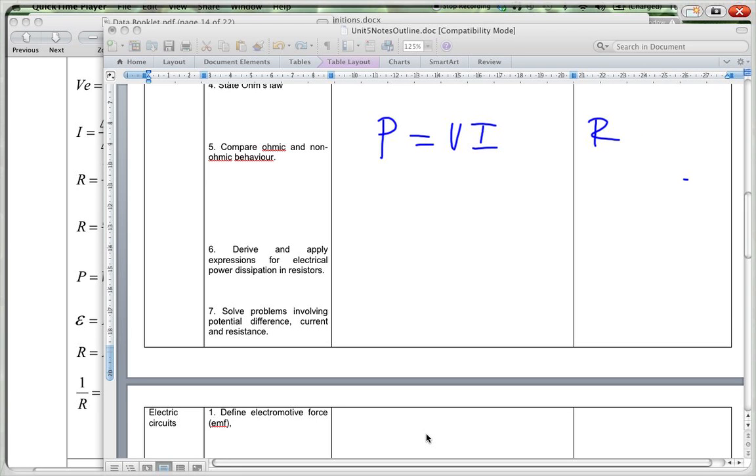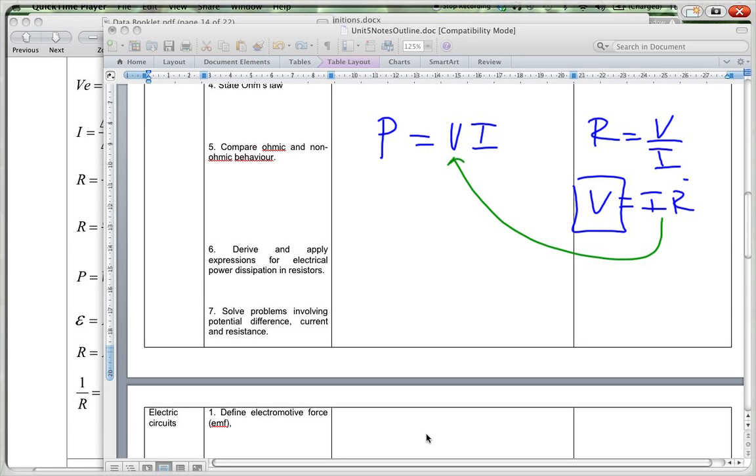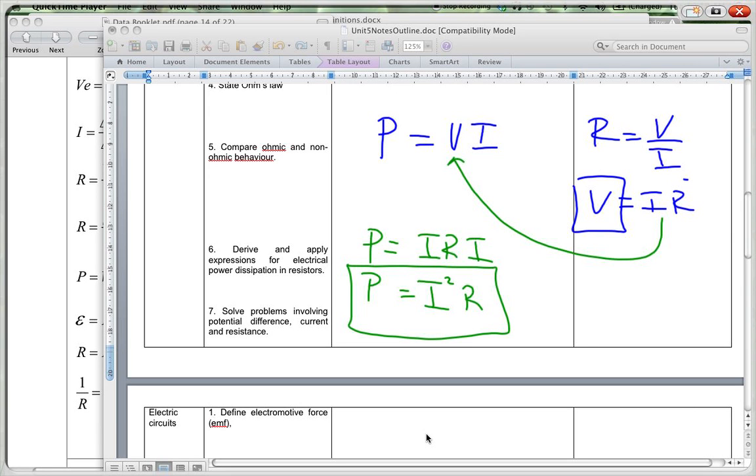I've got R is equal to V over I, so V is equal to I times R. Alright? So I can replace my V in this formula by IR, and I get power is equal to IR times I, and that's I squared R. So that's another way of writing the power formula as I squared R.